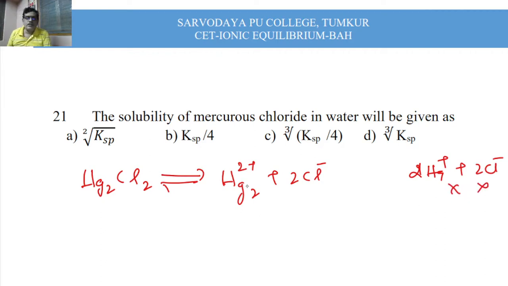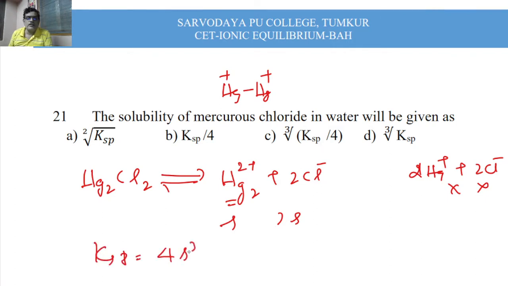So Hg2 will remain as such. Note the mercury ions will be bonded like this and each mercury carrying a 1+ charge, therefore we get this type of ion. So this will be S and this will be 2S, therefore Ksp will be equal to 4S cube because it is an AB2 type of salt. So AB2 type of salts always give the same 4S cube.